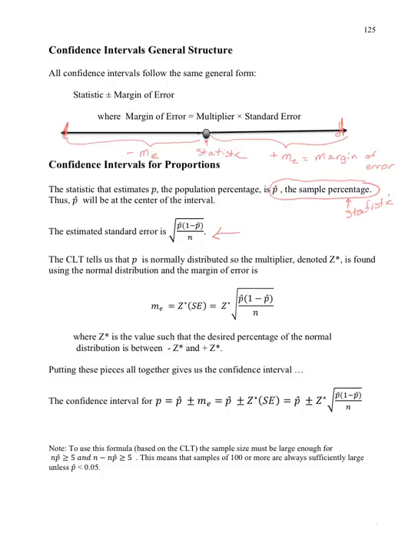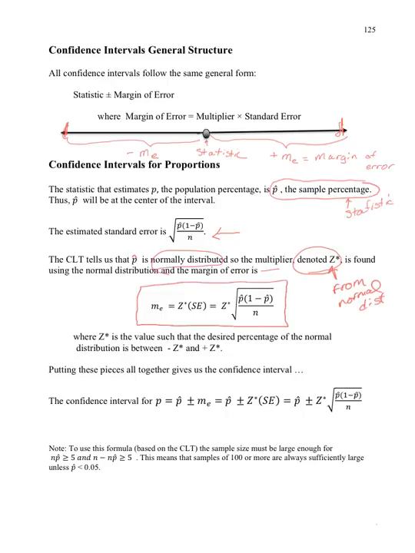And since p hat is normally distributed, the multiplier that we're going to use is going to be z star from our normal distribution. And that gives us this for our margin of error.